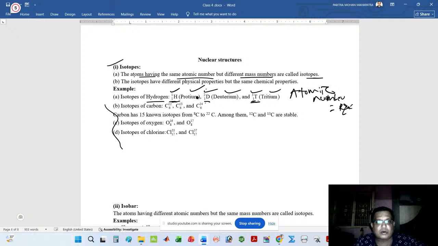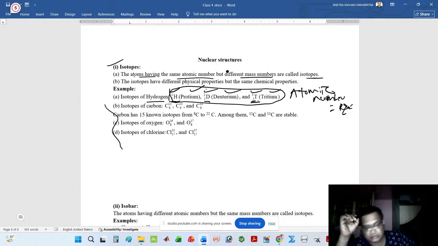The mass number for the three species is not the same, but the atomic number for all three species is the same. The three species are called isotopes of each other, because as per the definition, for detecting isotopes you think about the atomic number and the mass number. If the atomic number is the same but the mass number is different, they are called isotopes.